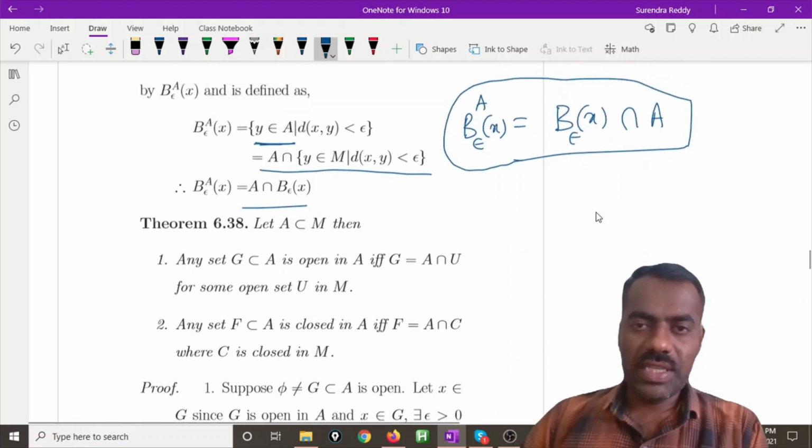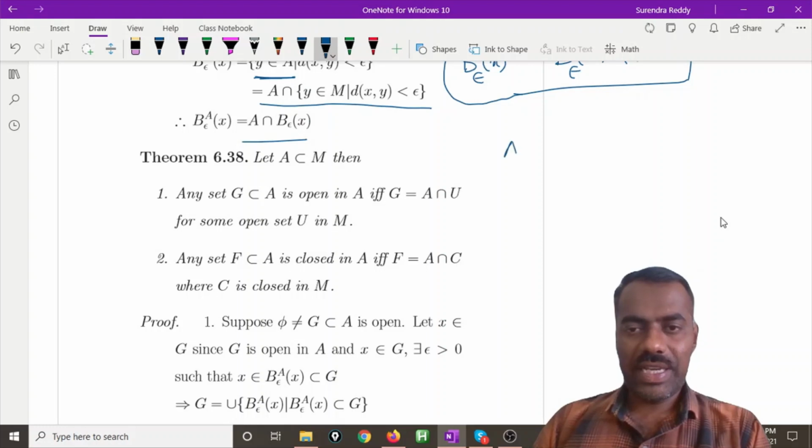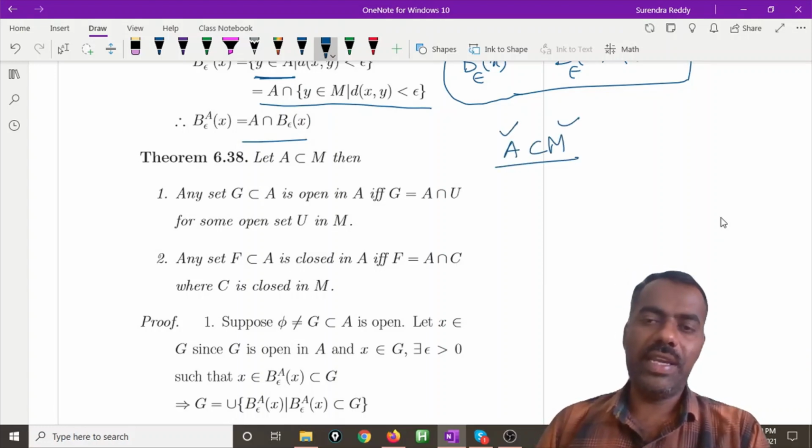Now, using this definition, one can prove that if you take a subset A of M, then you can talk about a relative metric here and a metric here.